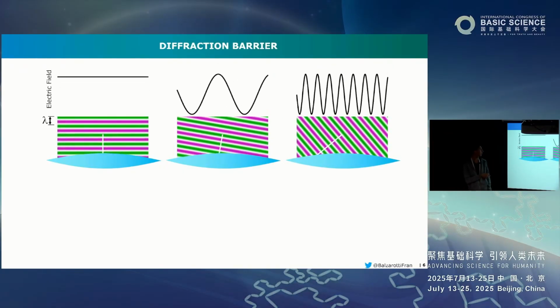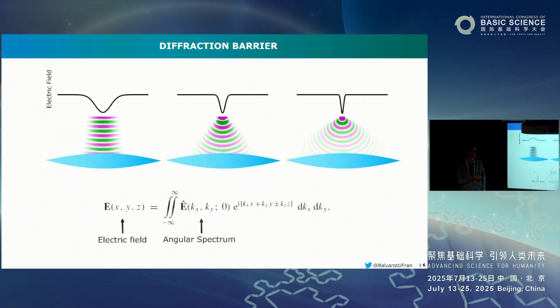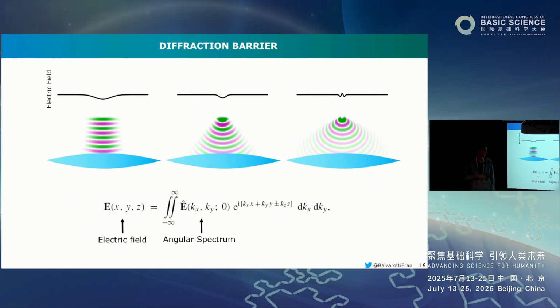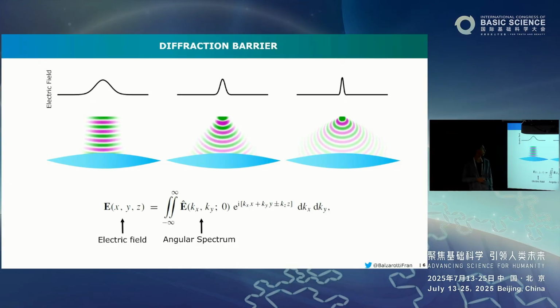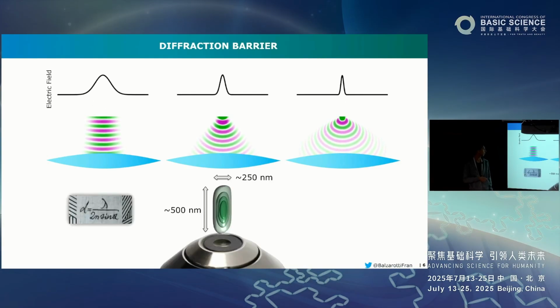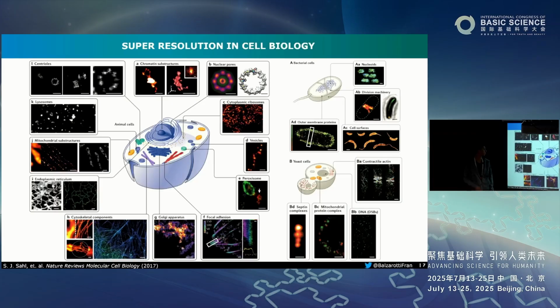And if you combine many angles together, you can have very tight spots generated, and these are the tightly focused high numerical aperture spots that you use in a confocal microscope. Now, for visible light, this means sizes of around hundreds of nanometers, 100 or 200 nanometers laterally, and 400 or 500 nanometers in the axial direction. What this means is that you excite molecules and you will receive light, but you will not know from which one of them your photons are coming. And this puts a limitation on the resolution.